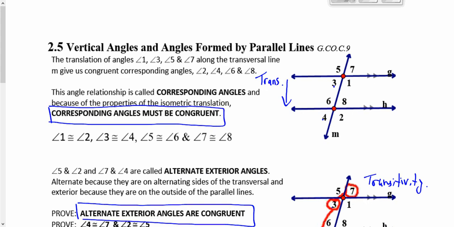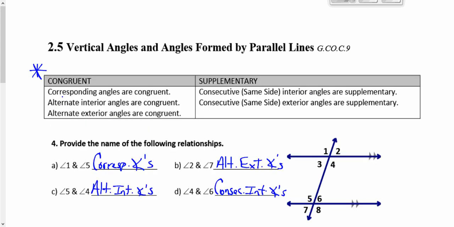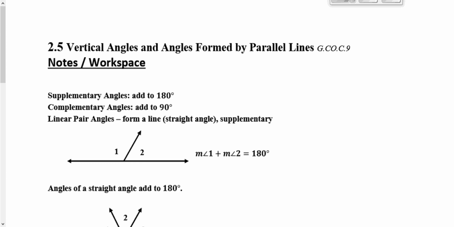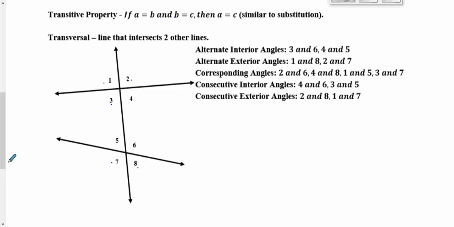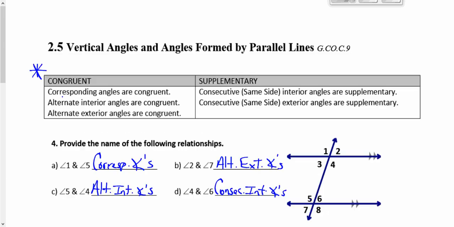So between this and this, this will tell you which pair is what name. And then back to that table, it'll tell you which ones are congruent, which are supplementary. So you probably want to refer back to both of those, okay?